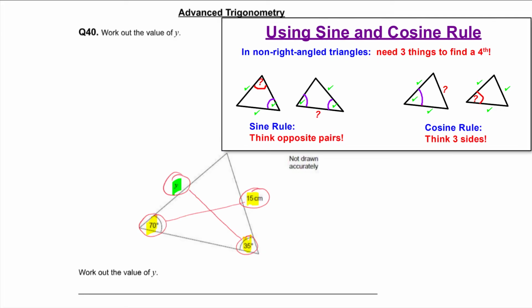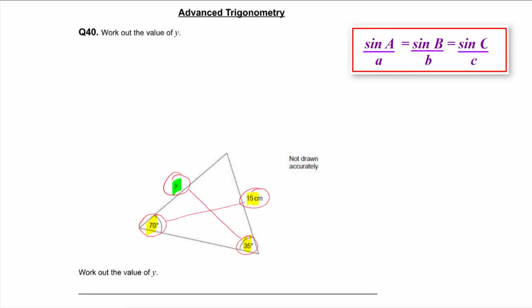Okay, now the sine rule you can write down either with the angles on the top or the sides on the top. Now I would write it down in the way that you want to find it. So if I want to find the side, I'm going to write it down with the sides on the top. If I want to find an angle, I'm going to write it down with the angles on the top. Okay, now there's no letters on here, so you can do it yourself. I'm going to label this one A, angle A, side a.